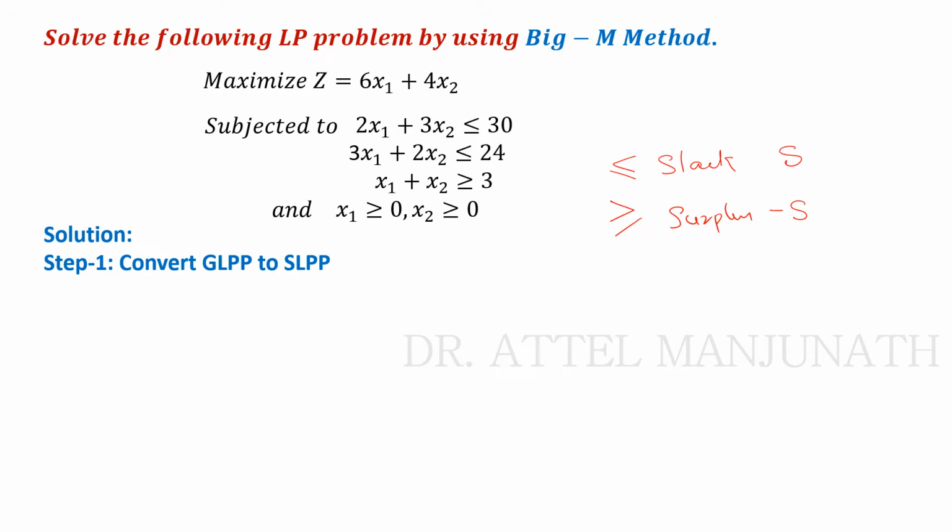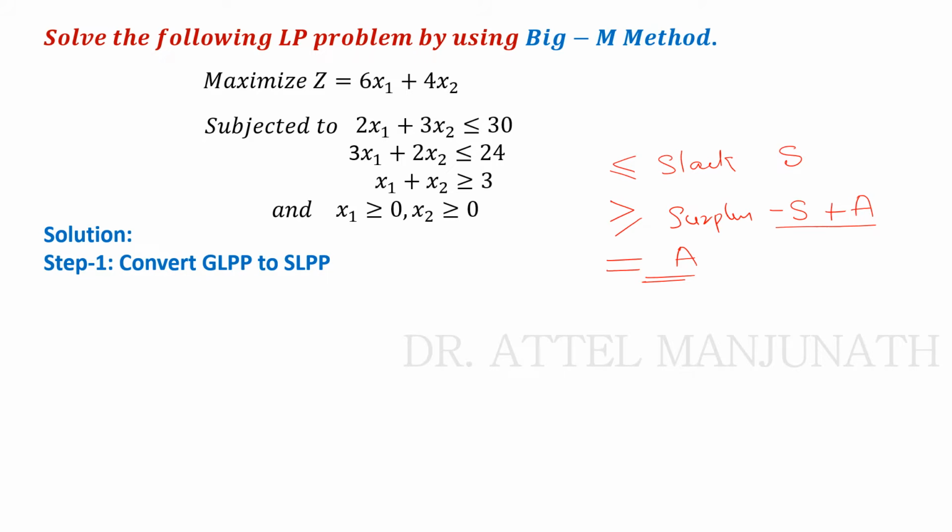Whenever you have a surplus variable, you also add an artificial variable along with it. And there is one more case where you get the equality symbol. In such cases you use only the artificial variable in the constraint equation. This is the basic knowledge you need to solve by the Big M method.